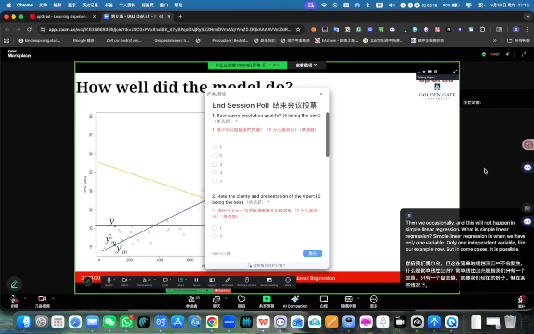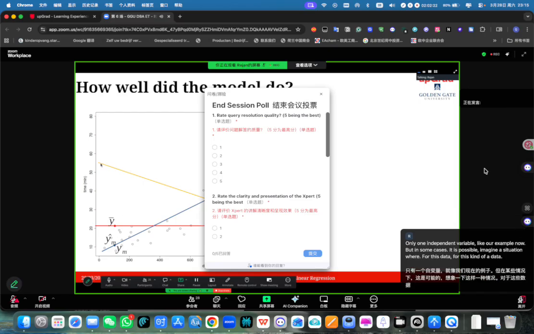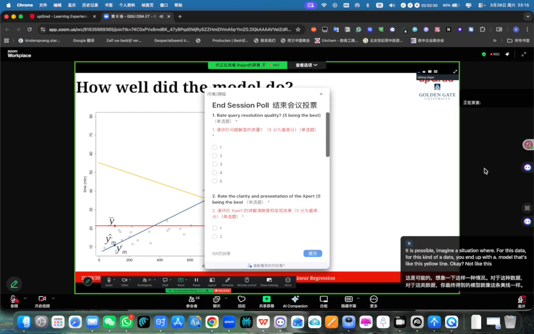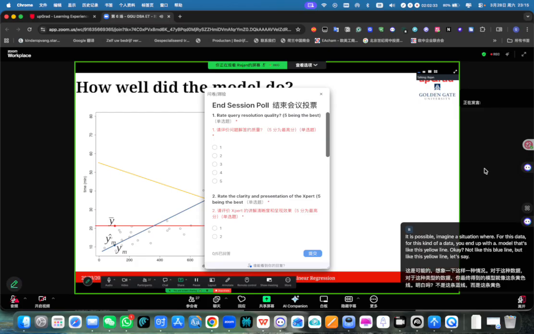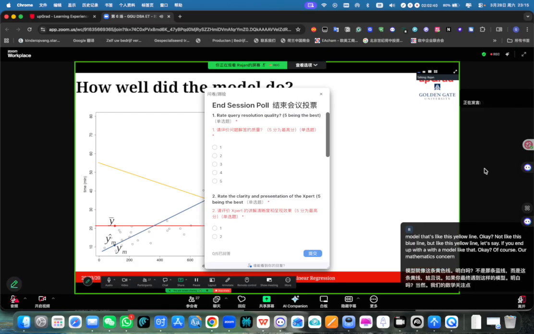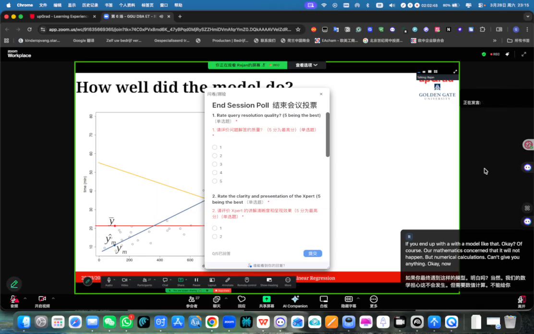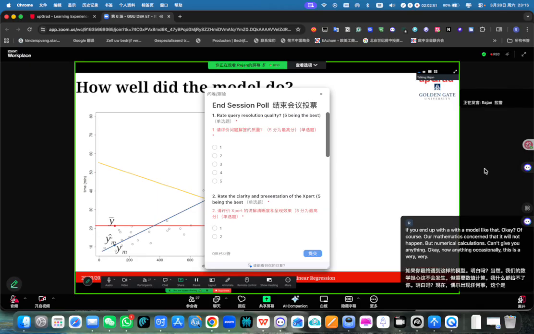Imagine a situation where for this kind of data, you end up with a model like this yellow line, not like this blue line. Of course, our mathematics tells us that it will not happen, but numerical calculations can give you anything. Okay, not anything. This is a very rare event.